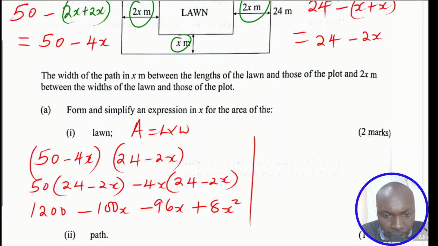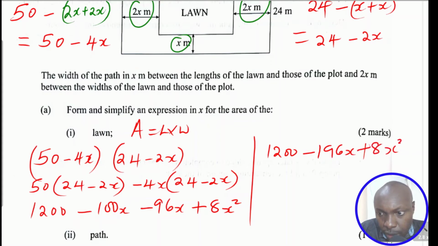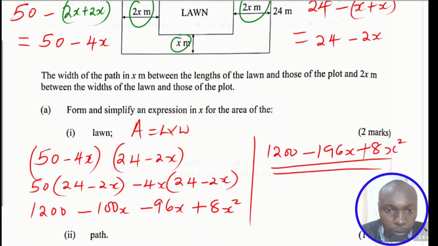So let us collect the like terms. This gives 1200 subtract 100x subtract 96x, you get negative 196x, plus 8x squared. So this is the simplified expression for the area of the lawn.